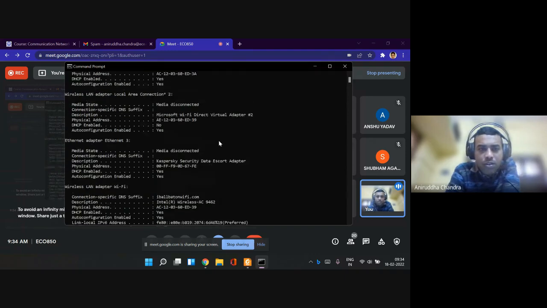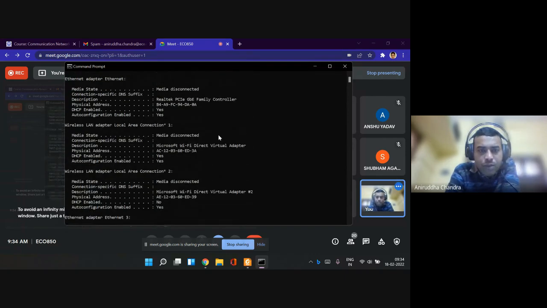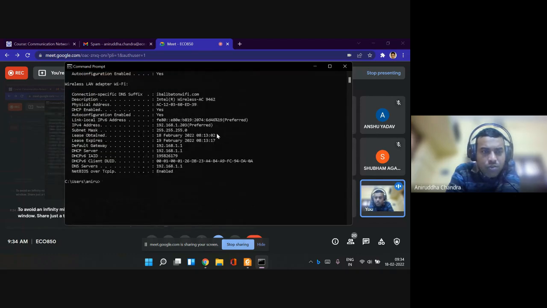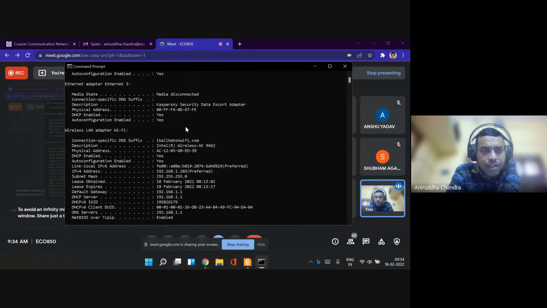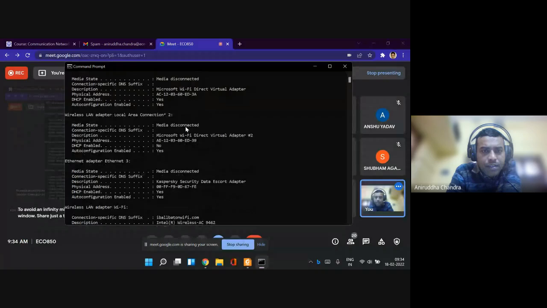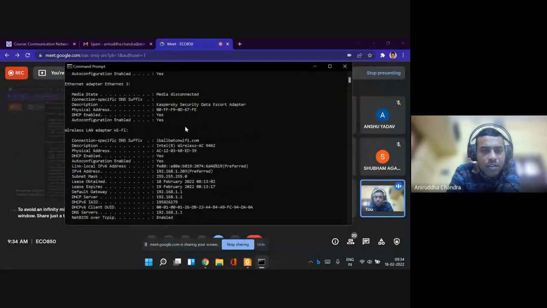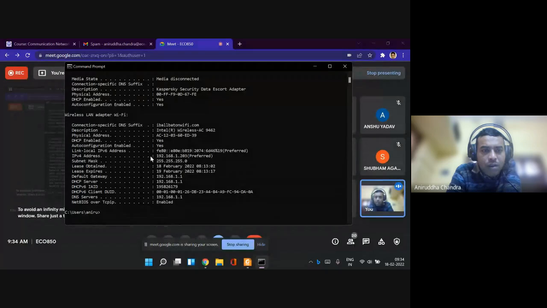Then you will find not only Ethernet addresses but IP addresses as well. Let's go from here. So you can see that I have a Wi-Fi IPv4 address, which is 192.168.1.203. This is actually connected right now, so nothing else is connected. So that's why we can see only one IP address. So I have an IPv4 address, and this is something like that.